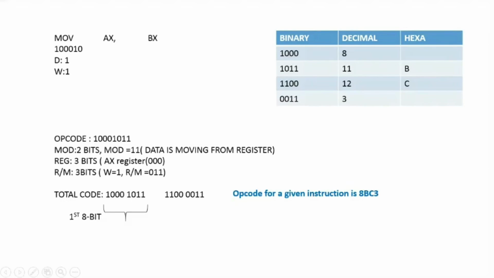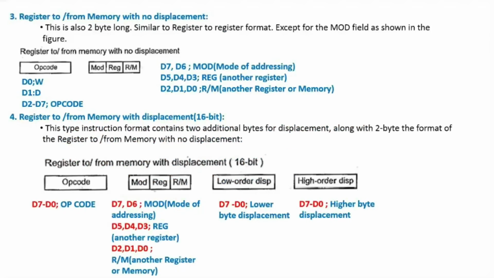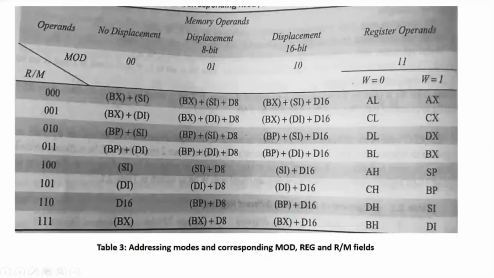Similarly, R/M is also 3 bits. Now W is equal to 1. What is the register I'm dealing with? BX. So I have to go back and find out. This time I need to find the addressing mode of that particular instruction. In this table, the operand is in which mode? Register mode. So the operands are here: it is 11, W is equal to 1. The register was BX, the fourth row here, AX, BX.